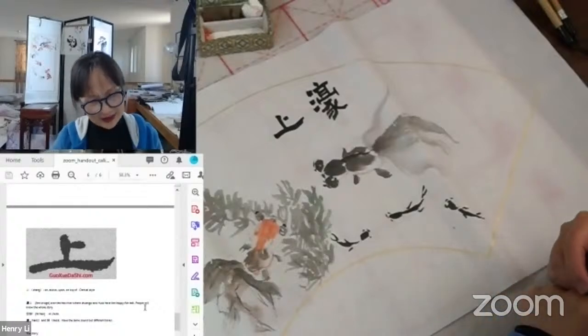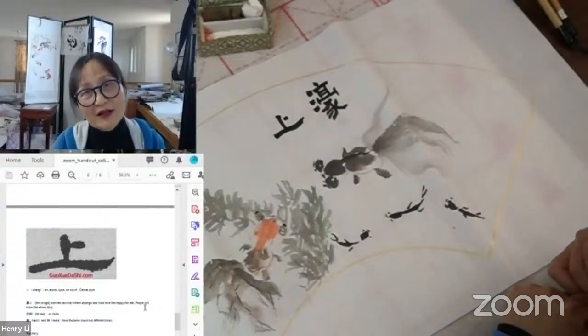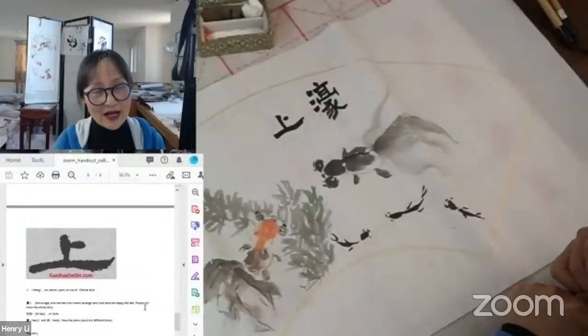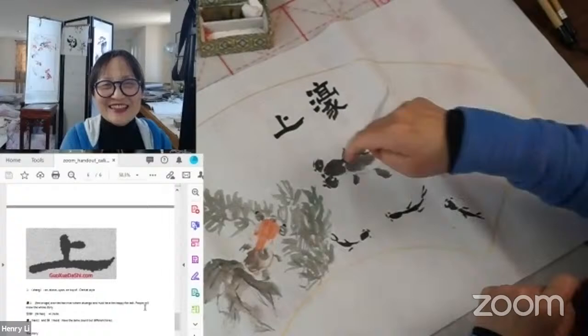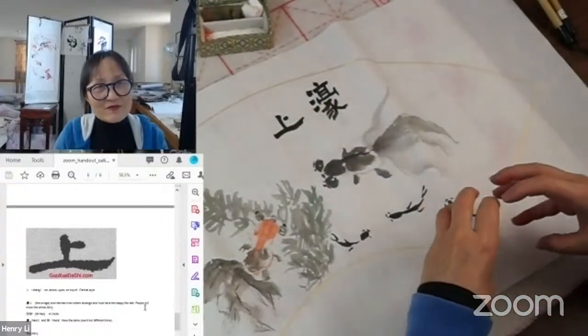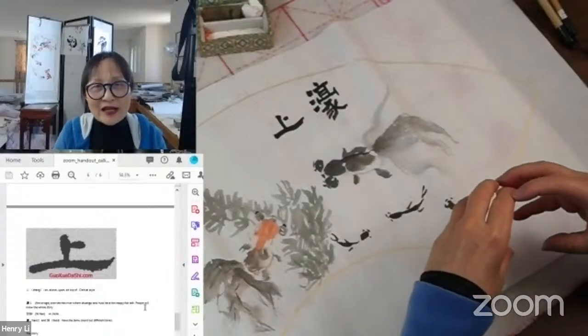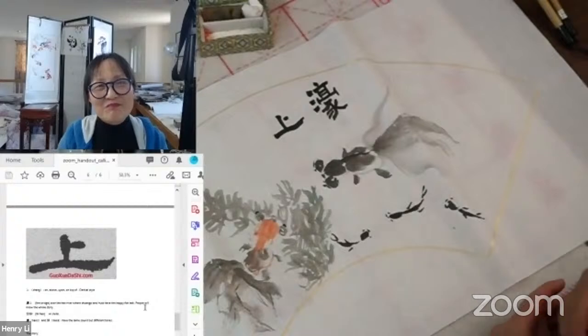I think it depends. You can choose other styles. But personally, I think this has something very stable and dignified looking, sometimes in the meaning.